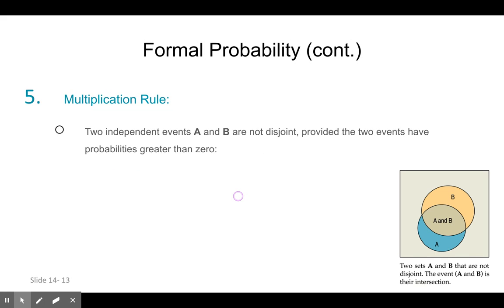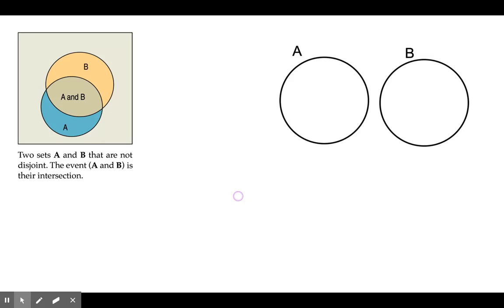So what does that look like? The multiplication rule doesn't work if you have mutually exclusive events. It just wouldn't make any sense. If I have two things that don't overlap at all, there is no intersection. So what's the probability of A and B? Well, nothing, zero. It doesn't happen. They're mutually exclusive.